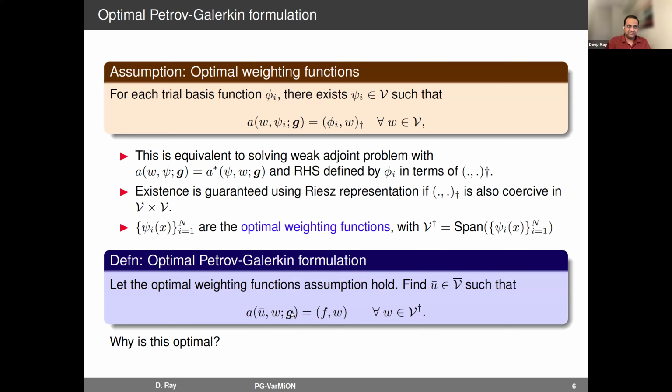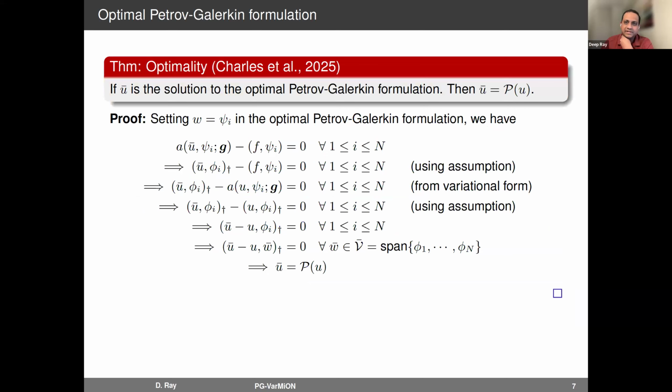This is a finite dimensional problem, and the solution to this is exactly the optimal projected solution I was looking for. And in this formulation, I don't need to know what the true solution U is. Make sense? Any other questions?